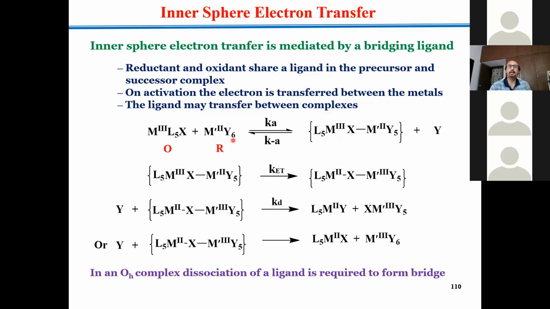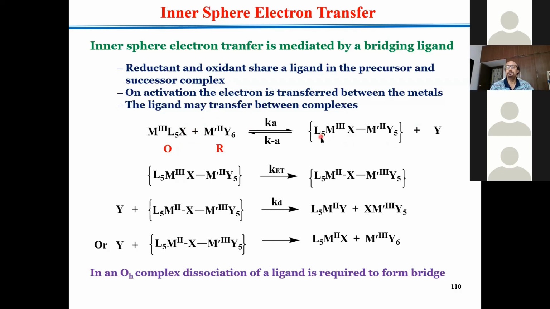So one of the ligands out of the 6 ligands needs to be dissociated. So many steps are there. So this particular bridge, or spacer as we sometimes call it, would push one ligand to get out of the metal field, and it will form a bridged complex.